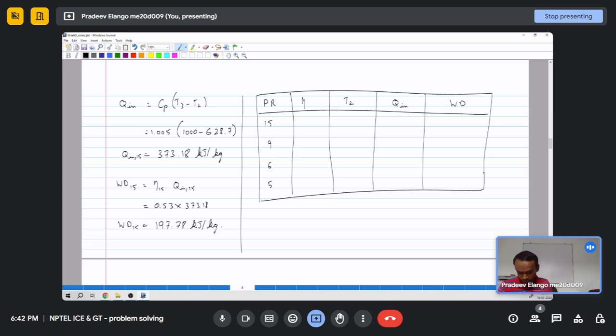So for 15 we have just found 0.53 efficiency, T2 is 628.7, Q in is 373.18, and finally work done is 197.78. So can you calculate the efficiency for pressure ratio 9?